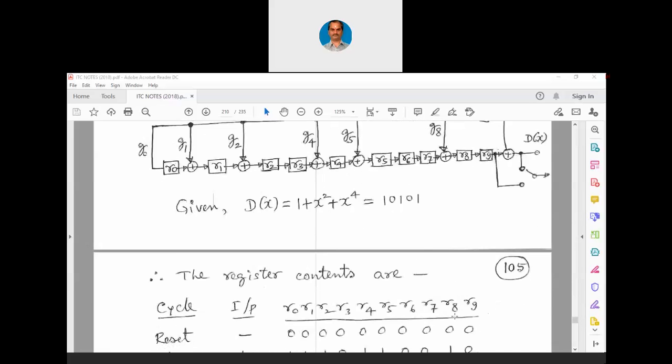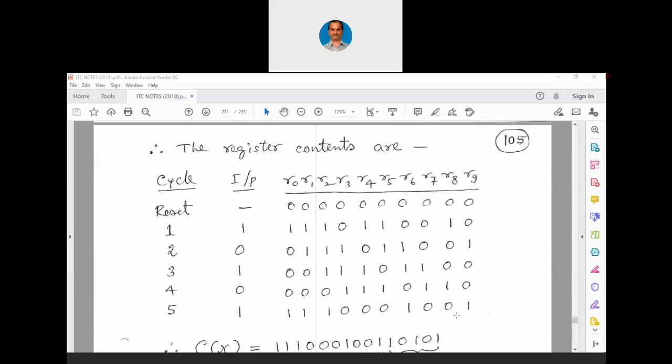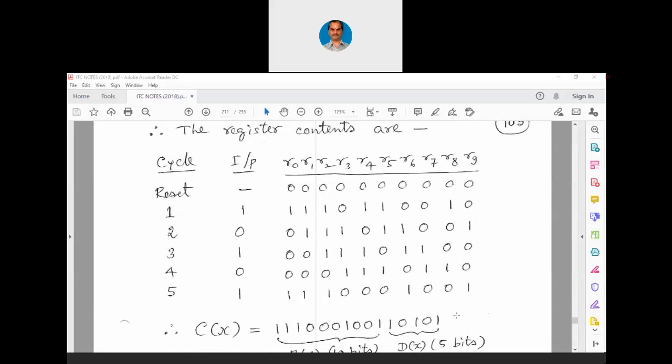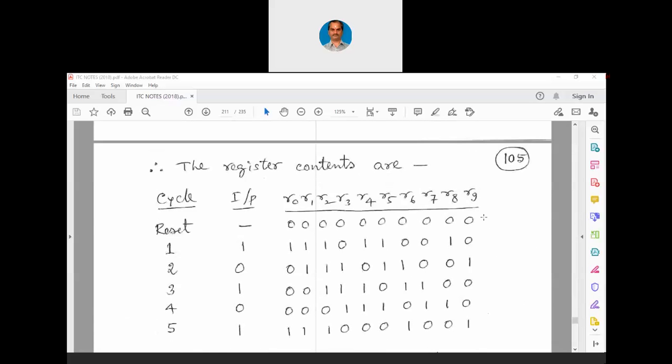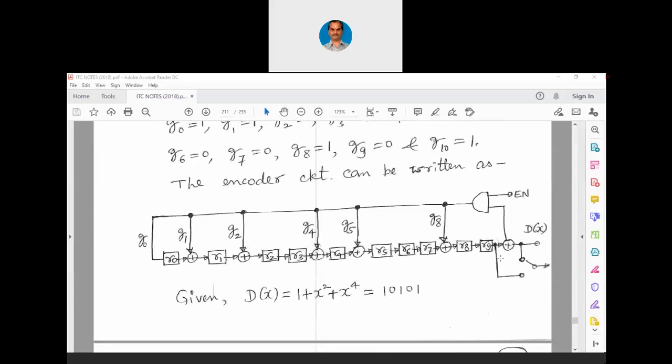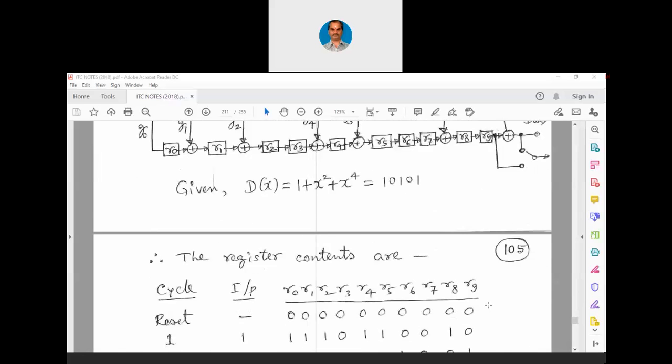Now the register contents are initially all 0, R0 till R9, there are totally 10 registers. When reset is done, they are all 0. Later, for the next 5 clock cycles, I am showing you this input is 10101 and the contents of these registers are in accordance with these XOR gate operations.